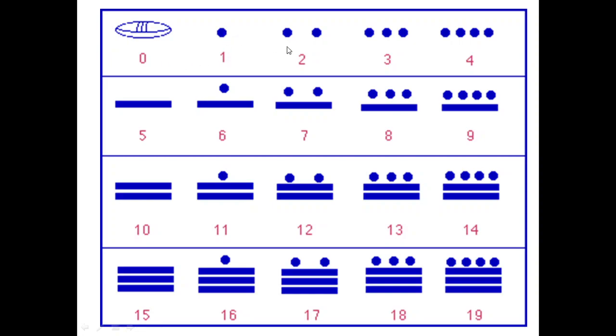So ang 1 nila 1 dot, 2 is 2 dots, 3 is 3 dots, 4 is 4 dots, and then for 5, flat na lang. And then for 6 is 5 and 1. So that's 6. For 7 is 5 and 2. And so on and so forth. So that's how you read the Mayan writing system. That's their numerical system.